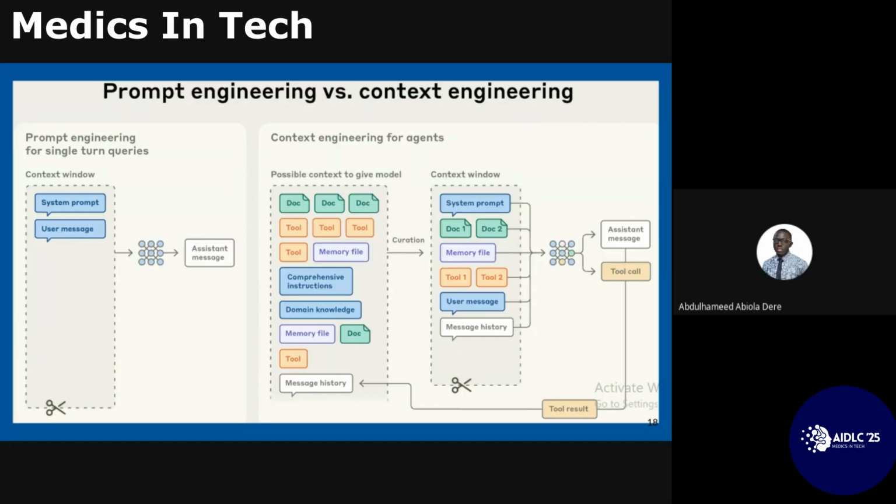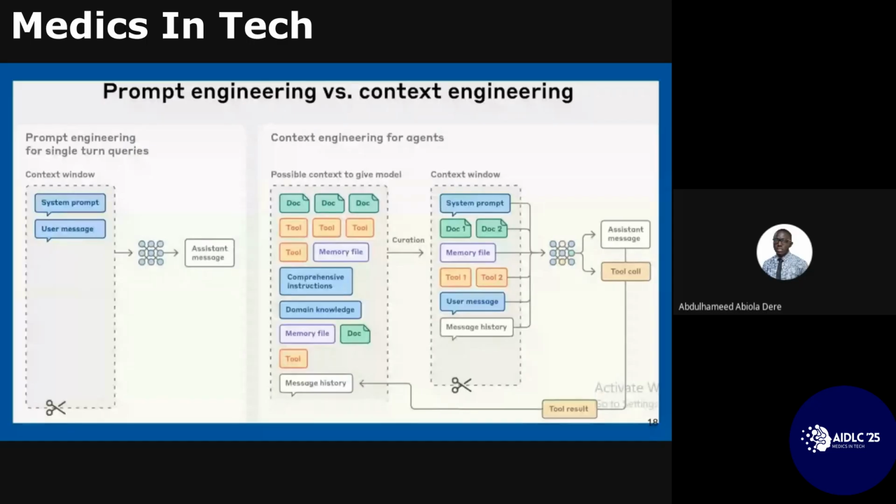The LLM thinks that you're actually staying in Lagos State and recommends restaurants within Lagos. And you say, oh, I'm now in Kwara State. So it changes. And that happens 4 or 5 times. So within the message history or the memory of the LLM, you are already in 5 places. In Lagos, in Kaduna, in Aba, in so many places. Then this can lead to context confusion, right? It can overwhelm the context window.